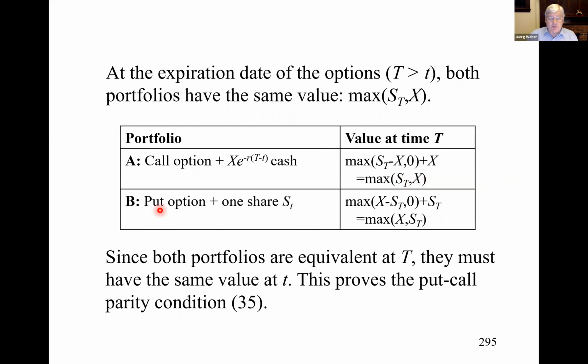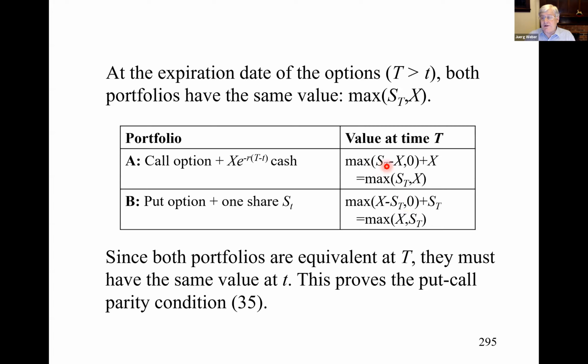Same thing with the put option. Here we have the put option plus one share. The endpoint condition for the put option, remember that from chapter 1, is the maximum of X minus S_T or 0, if you are the holder of the put option. Again, you have either something positive or you walk away. The put option is the right to sell.